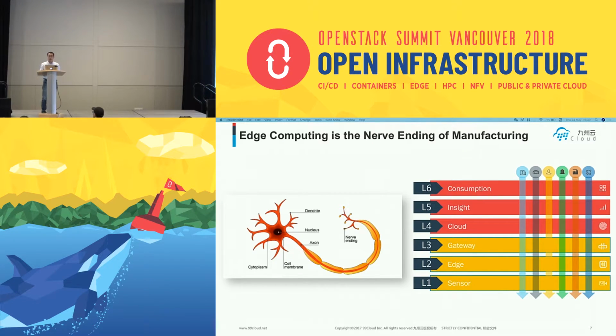So it's a very low latency action when we enable edge computing in manufacturing. We can also reduce the bandwidth in the network. The edge side can collect all the data, extract the features at the edge, and just send the features back to the cloud. The cloud can do further analysis and run more complicated machine learning algorithms to help us get further results and push the intelligence back to us.